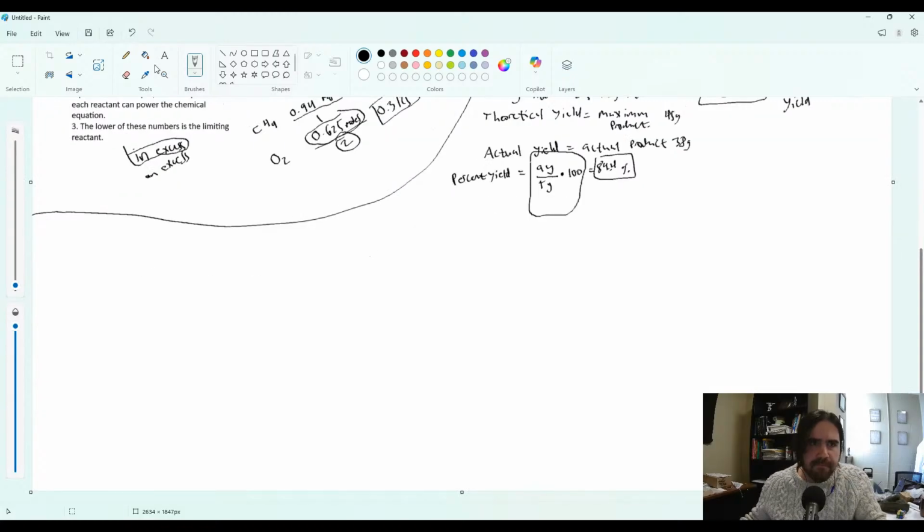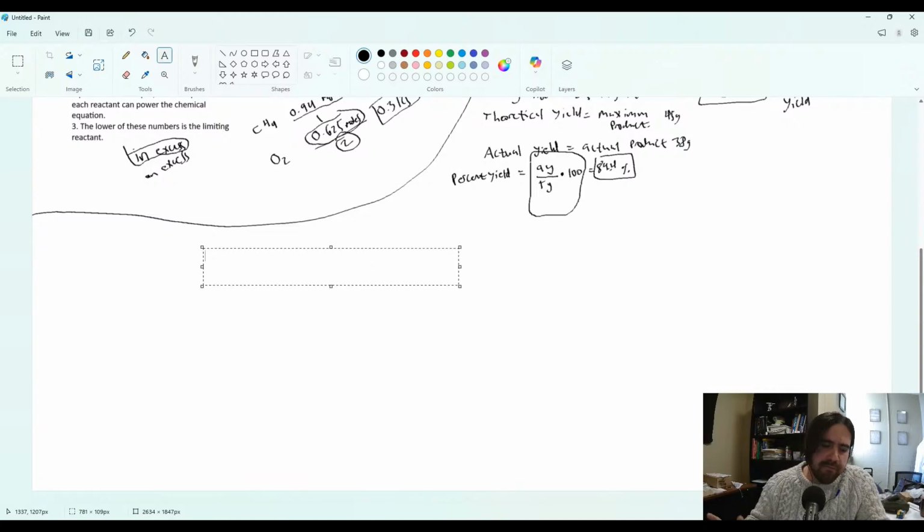Okay. Let's say I have, oh, I don't know. I'm trying to think of a good reaction. Let's do HCl plus NaOH reacts to form H2O. I really want something that has different coefficients.